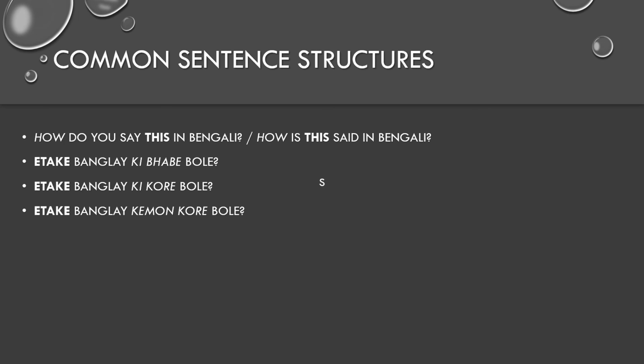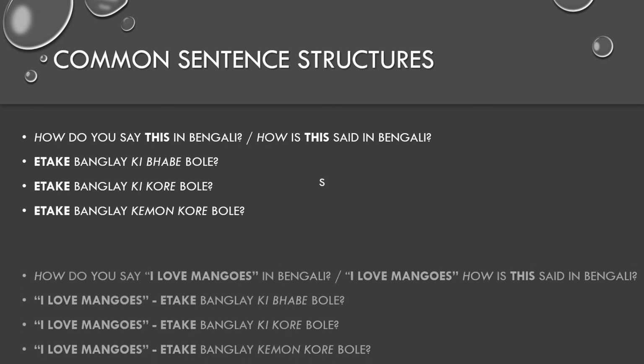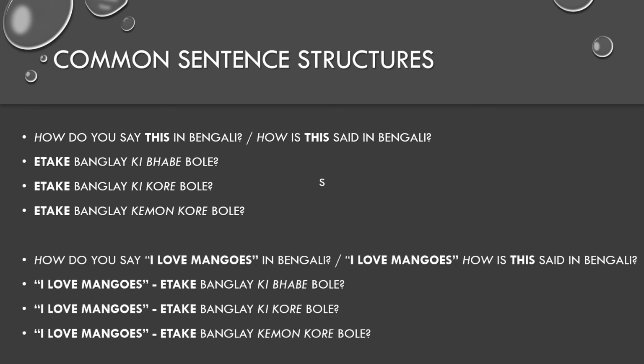For example, let's just practice with one sentence. How do you say I love mangoes in Bengali? So you just quote the sentence I love mangoes. এটাকে বাংলায় কিভাবে বলে? So when you are saying the sentence, এটা is a pointer, so এটা means this, which means the sentence which went just before this.